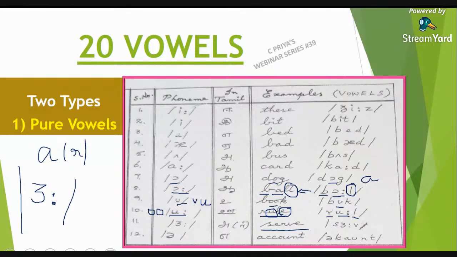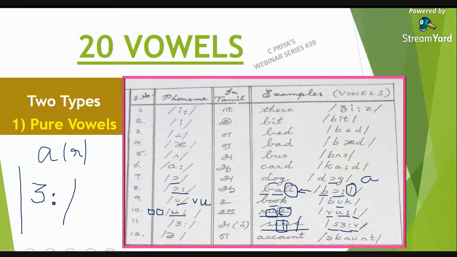We read this as serve. E and R becomes A. As R remains silent, E becomes silent. Now how do we read this? How did we come to know? Because in our English dictionary, it is to be pronounced as serve.